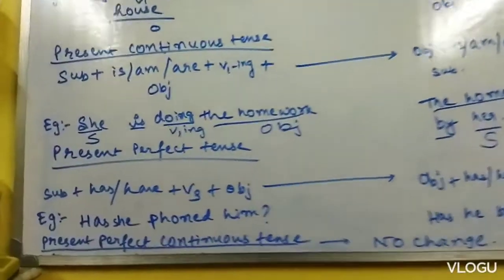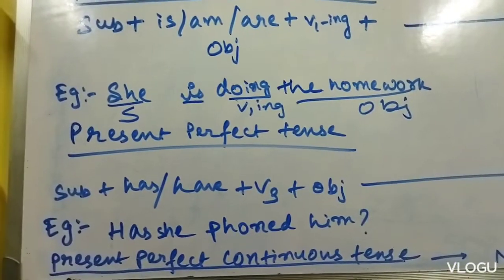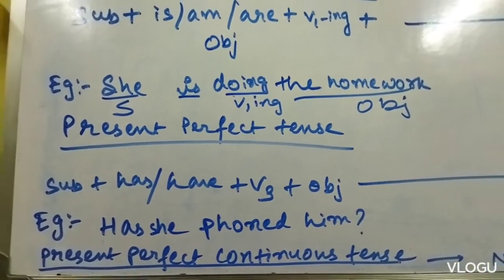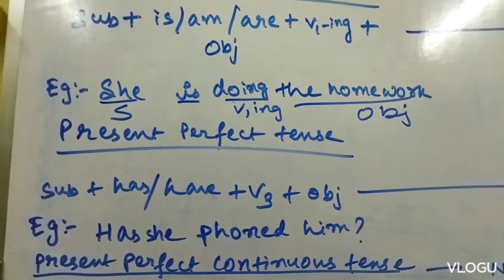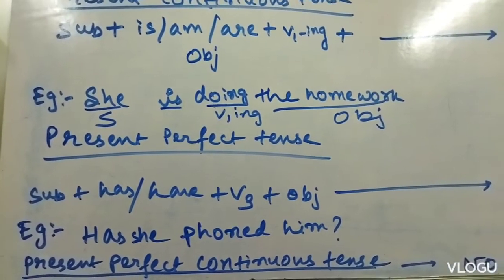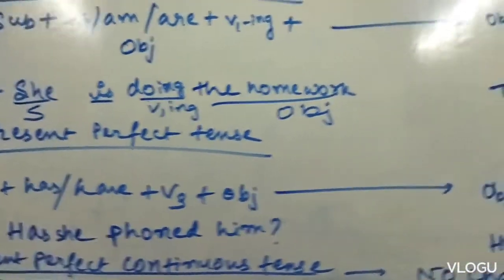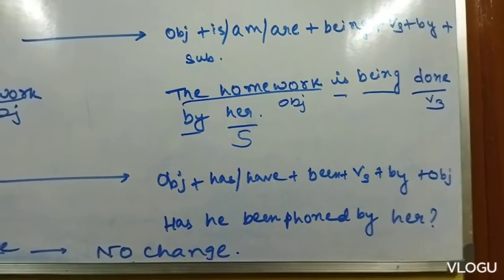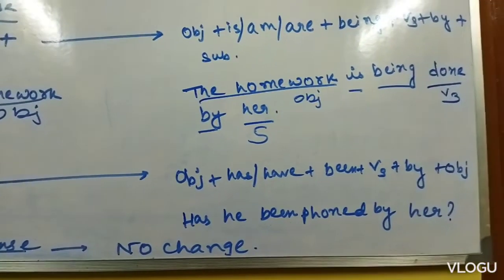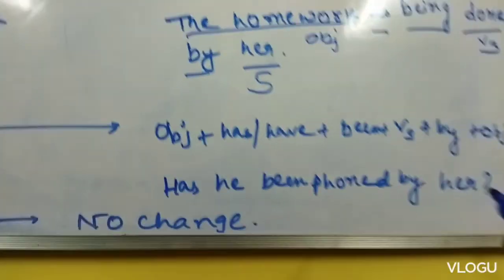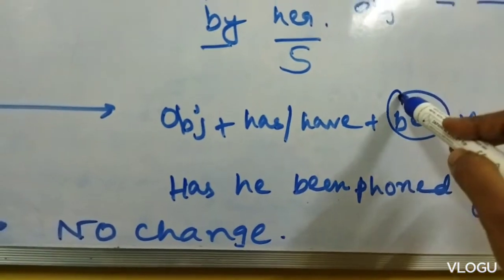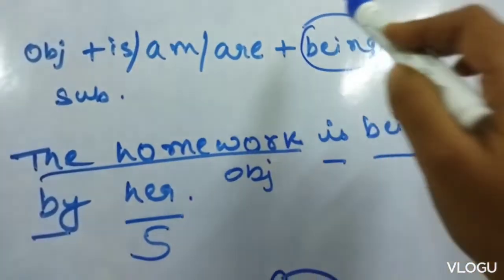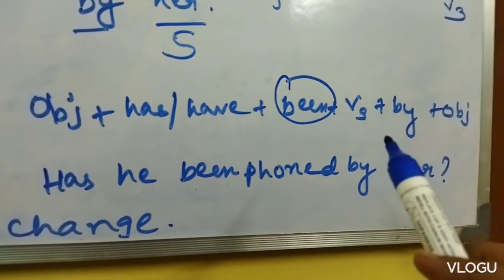Okay? And now our present perfect tense. As we know, the rule is subject plus has have plus V3 plus object. So here we have taken the example, has she phoned him? Let's check in the passive what it becomes. In passive it changes into object plus has have plus been. This is very important. As in present continuous tense, this is very important. Here also this is very important.